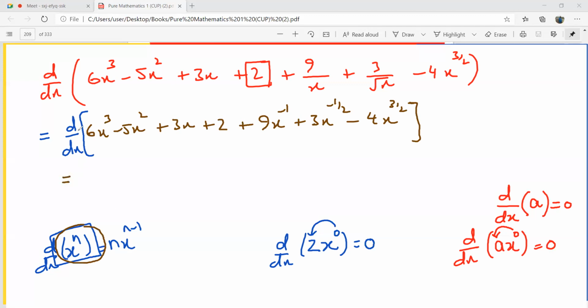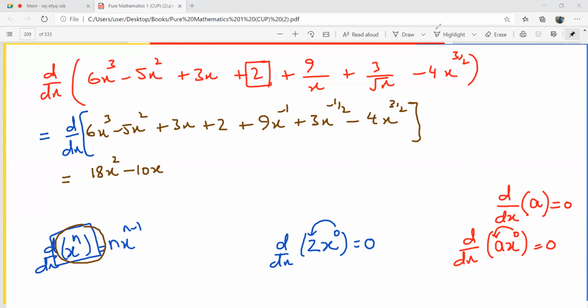Now this differentiation would be distributed inside. So all of them have d by dx with them. I don't want to write all that step here. So 6x cubed's derivative would be 18x squared. Minus 5x squared's derivative would be minus 10x. And look at this 3x. What should be the derivative of 3x?